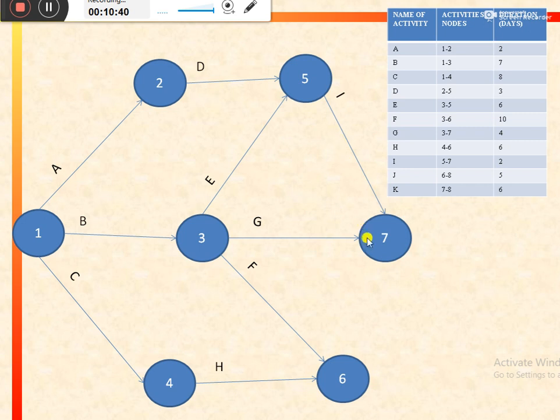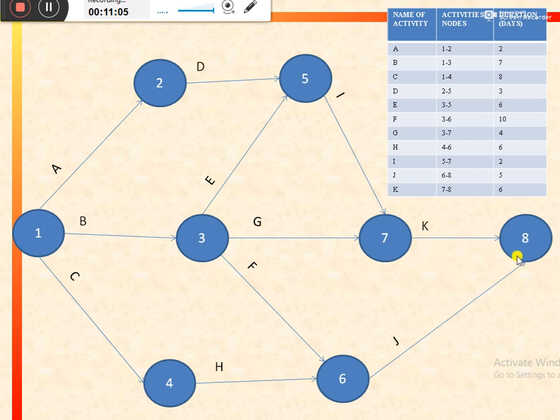Further, the activity J is between node 6 and node 8, that is the terminating node of the network. And lastly, the activity K is between nodes 7 and 8.